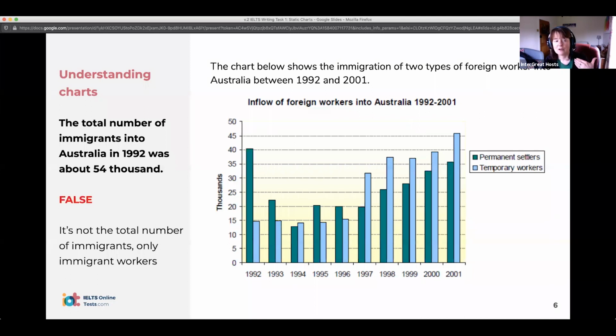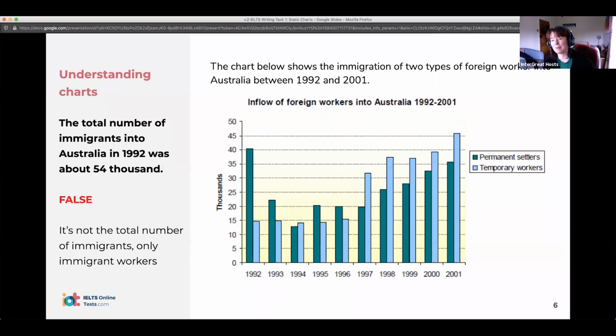So it's the number of immigrant workers, not the total number of immigrants, because we are adding together permanent settlers, which is 40,000, and temporary workers, which is about 14. So 40 plus about 14 is 54. Okay, thank you very much.